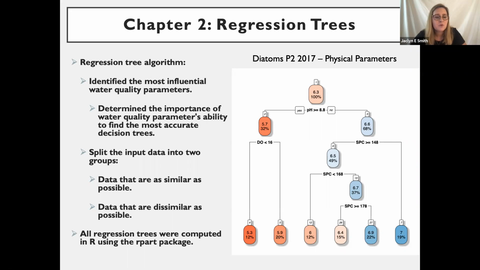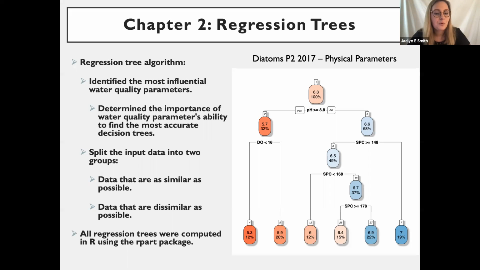I do have an example here on the right, and this is of diatoms in pond 2 for 2017, only using physical parameters. And how the tree works is at the top of the tree, you can see 100% of the observations. The average for those diatoms was 6.3, a log of 6.3 cells per liter. And the first determining factor, or the first influential parameter, is going to be your pH.